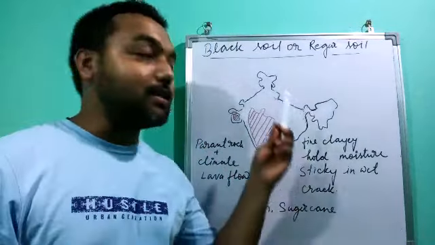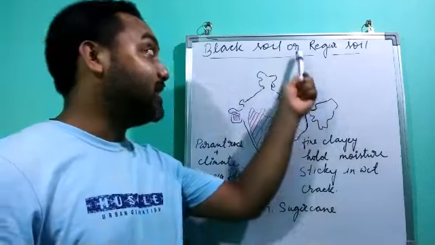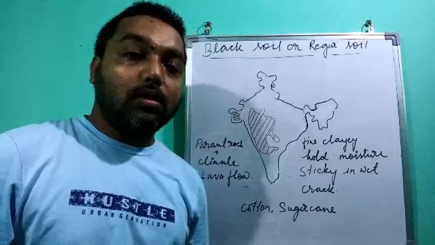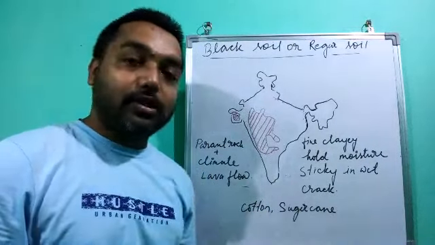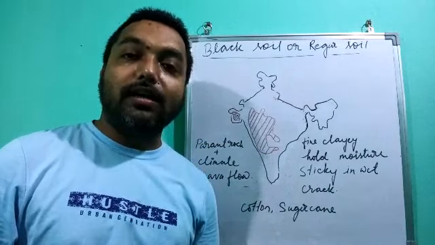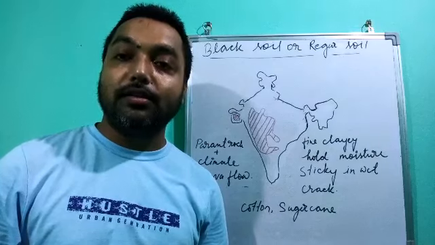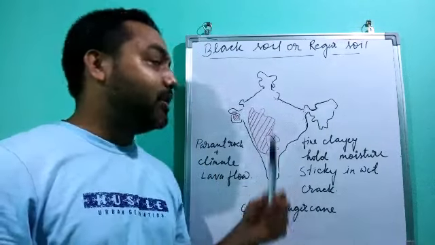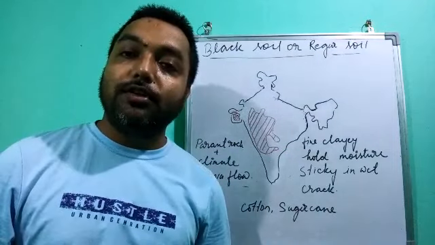Let us come to the next classification of soil, that is black soil. Black soil is also known as regur soil. This black soil is mainly found in the Deccan Plateau region. First you should understand the different physiographical divisions of India, then it will be easy for you to understand the division of different soils.